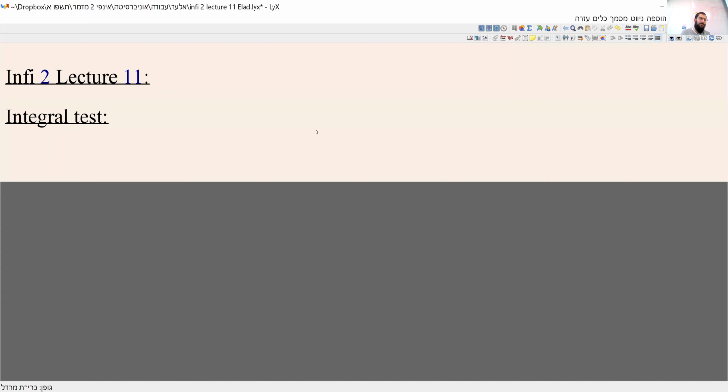Now, the integral test, this theorem states formally a connection between a series and an integral. And it does it in the following way. Let f be decreasing.